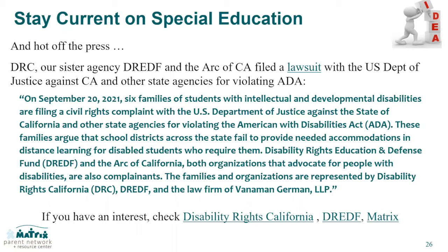If you have any interest in finding out more about this, see the Disability Rights California website and the DREDF website; we'll try to keep things up to date. Again, things are changing. If any decisions come out of this lawsuit, we'll be telling you what they are. Going forward, there's no more that we can say right now because we don't know much more.